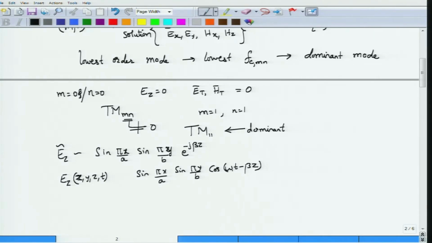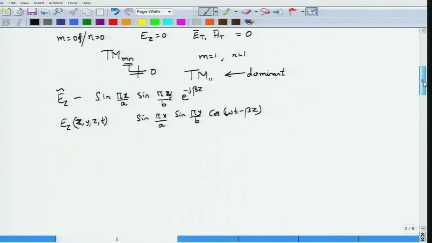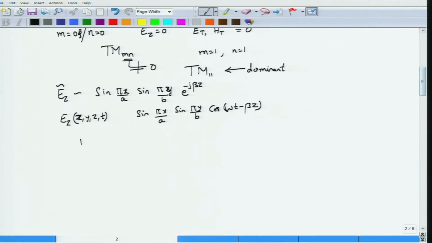This is somewhat comforting, because there is a cosine waveform that is traveling. Similarly, sin(pi x by a) sin(pi y by b) describes how the wave would change along x and y. If you were to sketch this solution along x and y, let us say this is x, this is y, the width of the waveguide is a and the height is b.